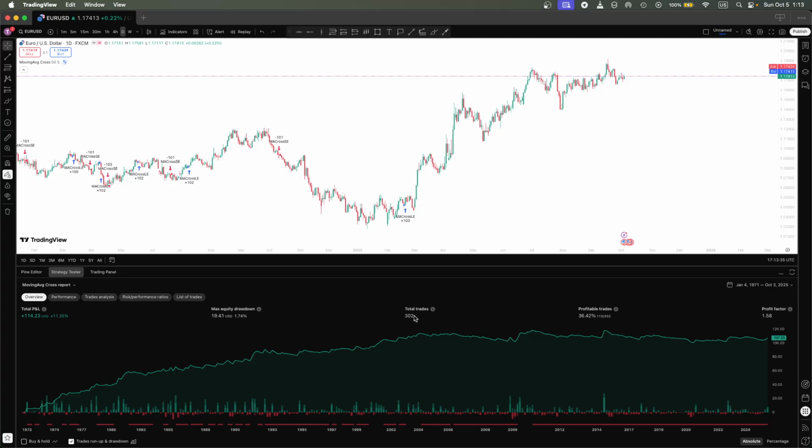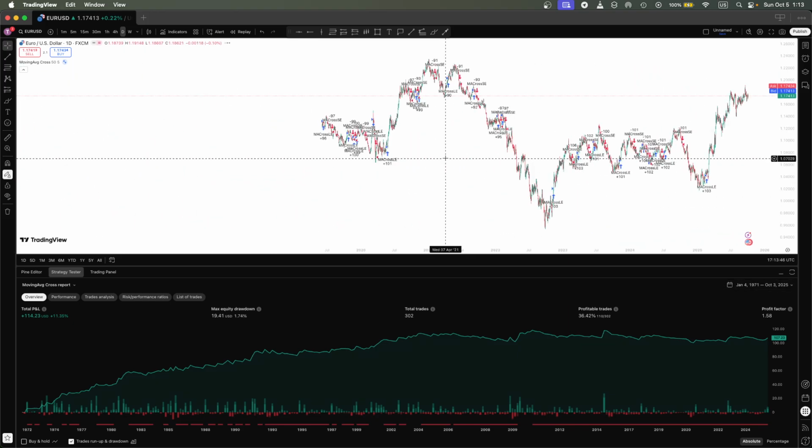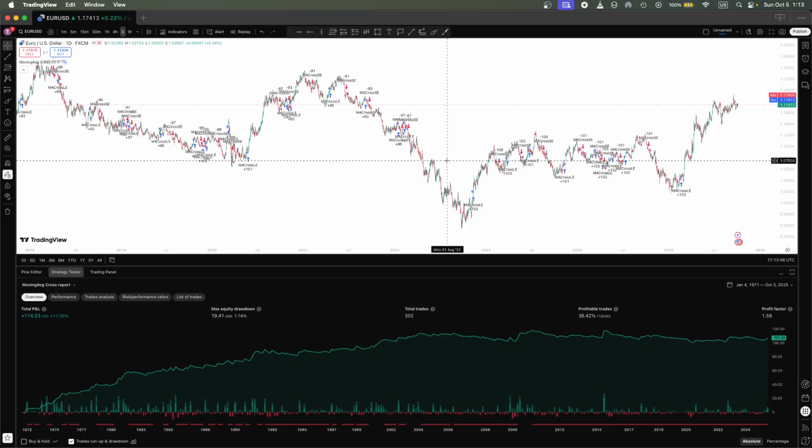Total trades is 300. But from this point, look at since when it started. This is where people might get confused. Imagine you have taken the first trade in 1971, and it goes up to 2025. That's how many years?